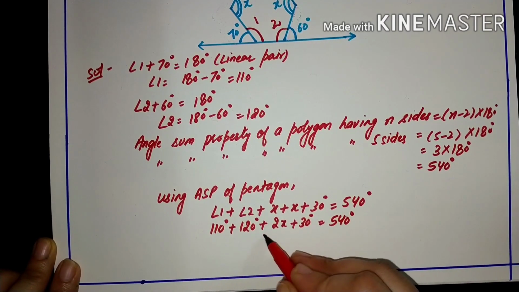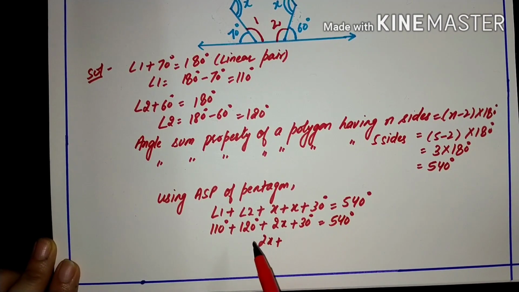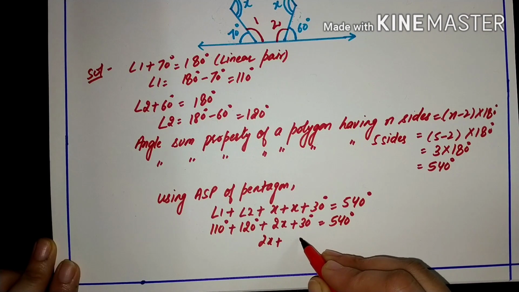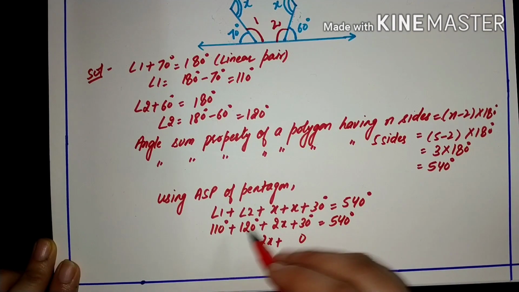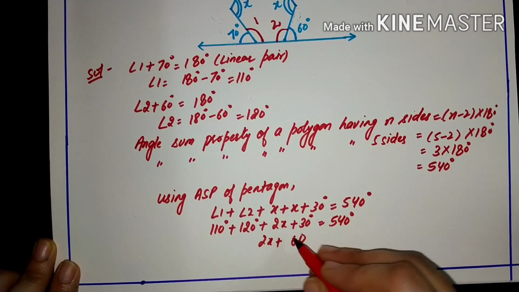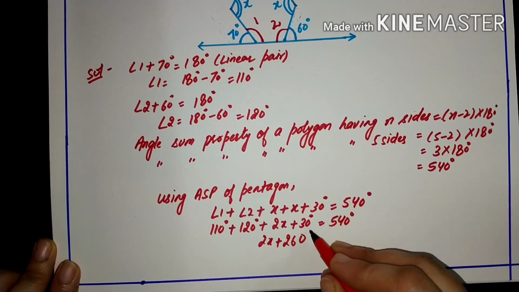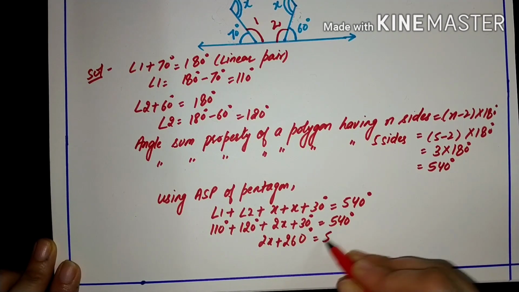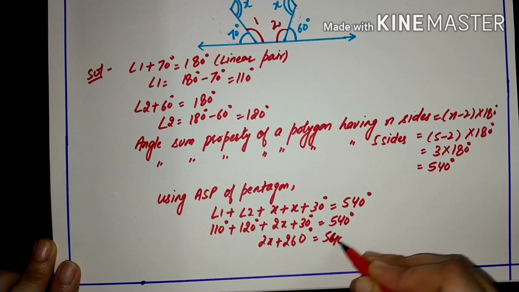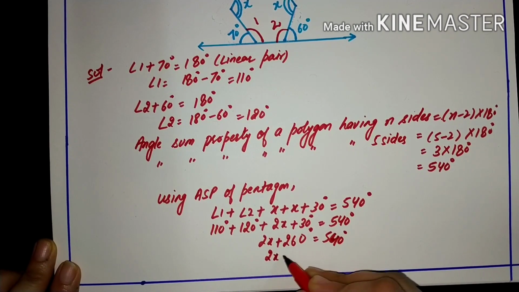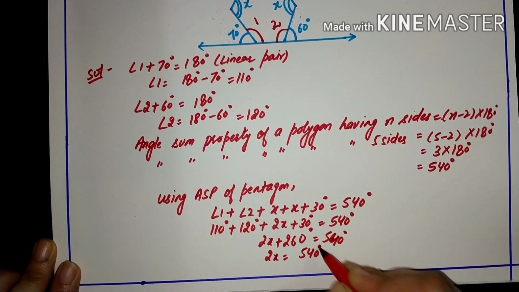So now 2x plus, we will add them, 120 plus 30 plus 110, that is equal to 260 degrees. So 2x will be 540 minus 260 degrees.